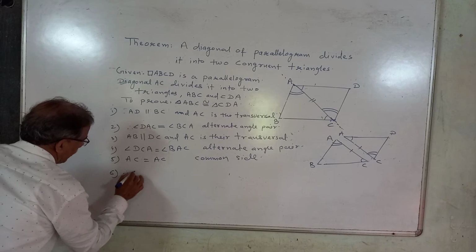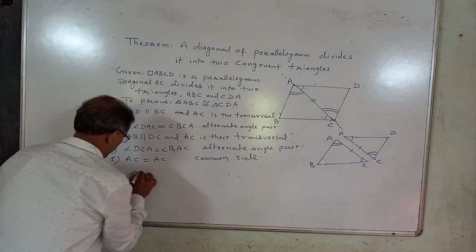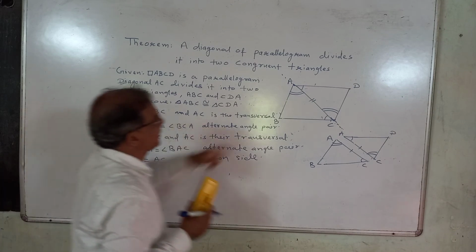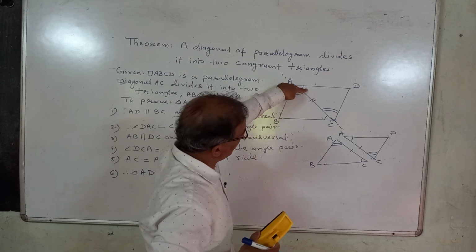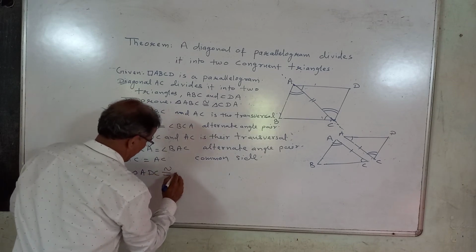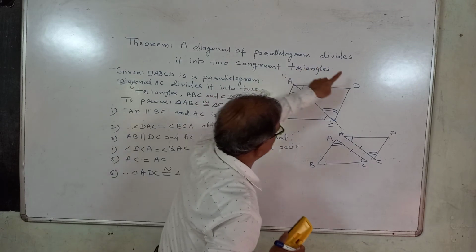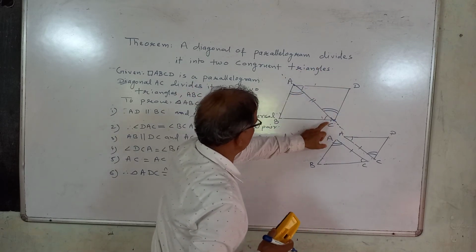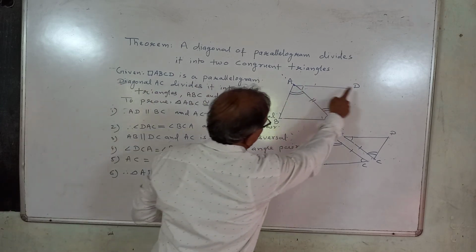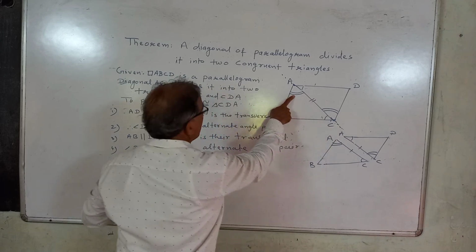And therefore now I can write here, therefore triangle ADC congruent. This angle A coincides with which angle of ABC? Angle C. So angle A will coincide with angle C of ADC. Then C of ADC coincides with what? A, isn't it?